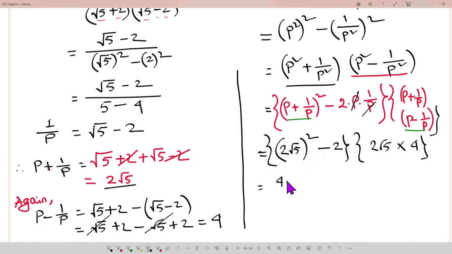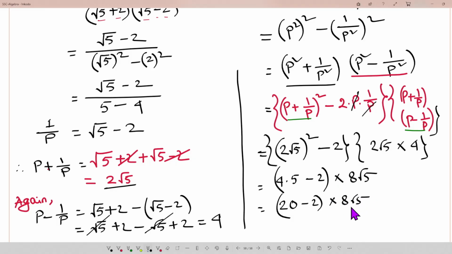Root 5 squared means 5 minus 2. Then times 2 times 4, which is 8 root 5. 4 times 5 is 20, then minus 2, times 8 root 5.